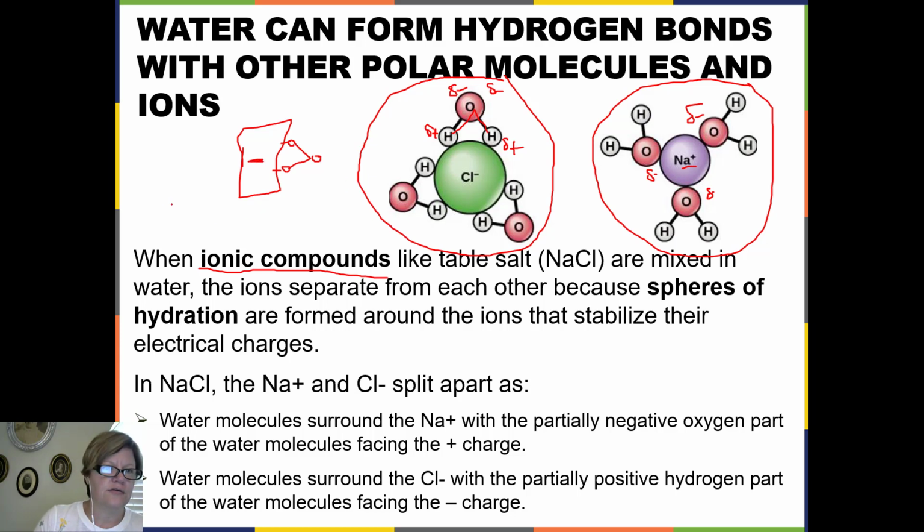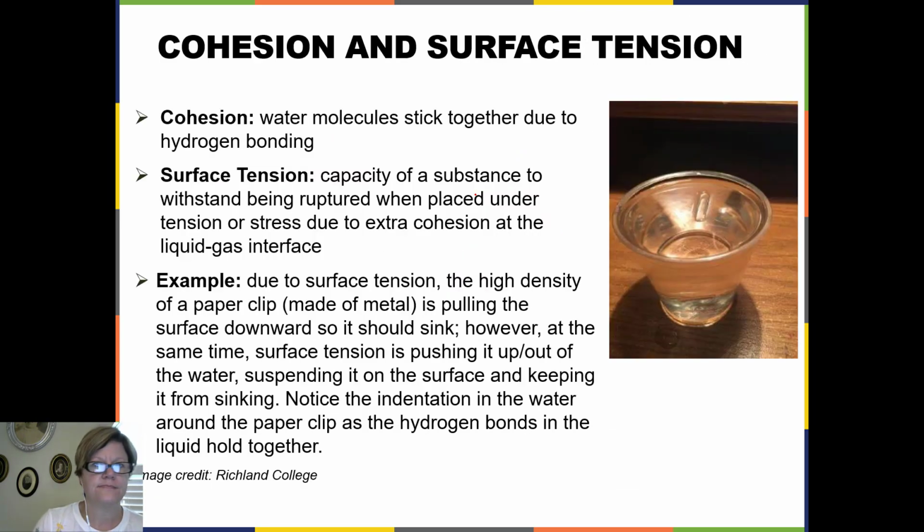If I showed another item, here's a pentagon, whatever, and I showed the oxygen part of the water oriented towards the object, then the object itself would have to be positively charged in order to cause that to happen. So you can look at the orientation of the water molecules, and that gives you a hint regarding the charge of the object that the water is surrounding.